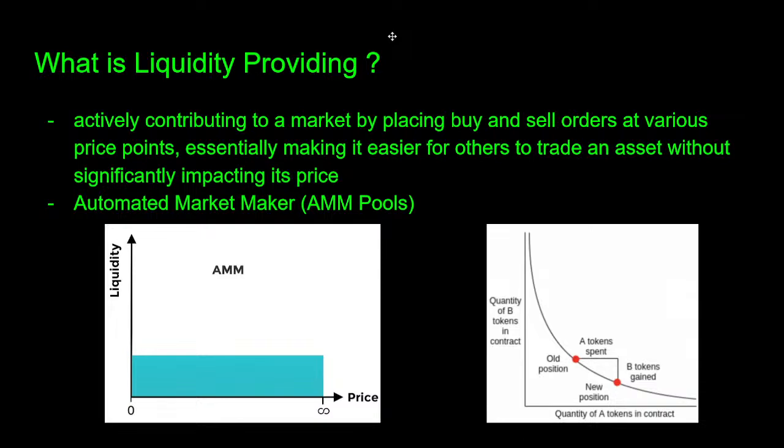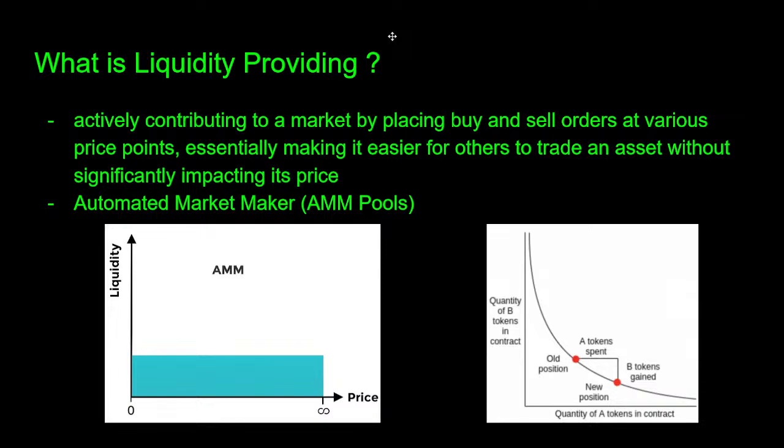So let's suppose you deposit $10 or $100 in an AMM pool. If you're lucky, maybe 20 or 30 cents are actually active at any given point. The rest of the liquidity is inactive, doing nothing at all.